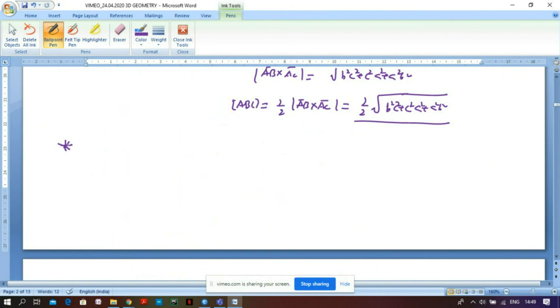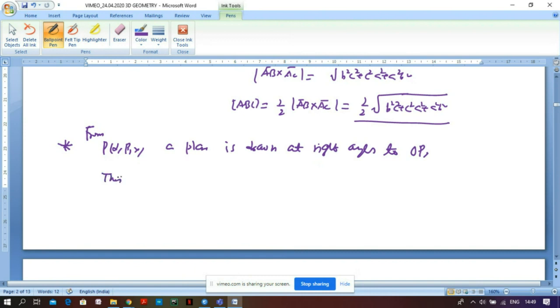So now this says that suppose from point P alpha beta gamma, a plane is drawn at right angles to OP, O being the origin.